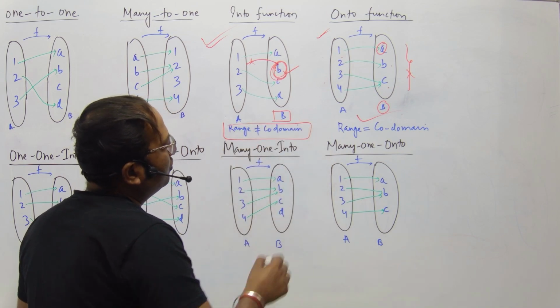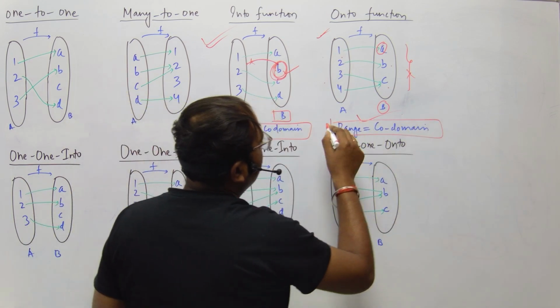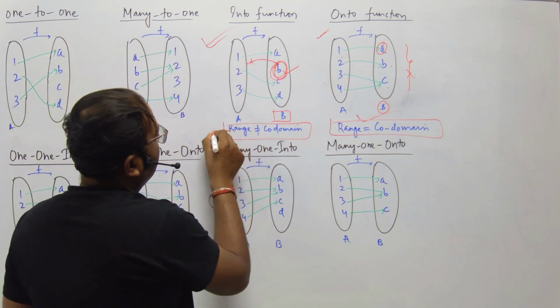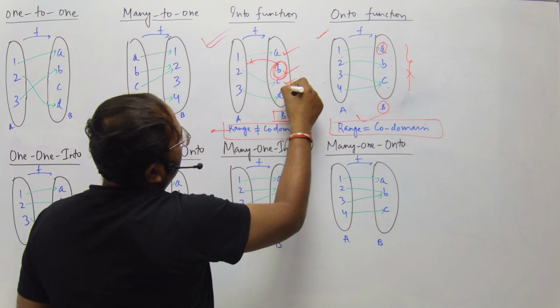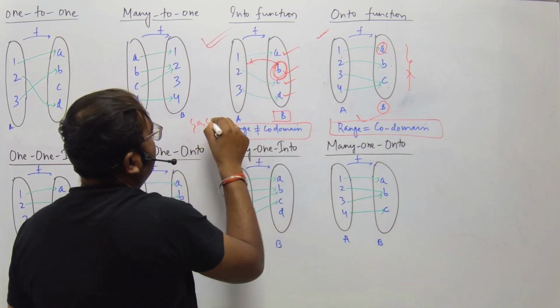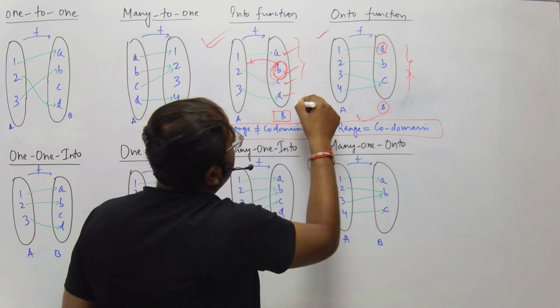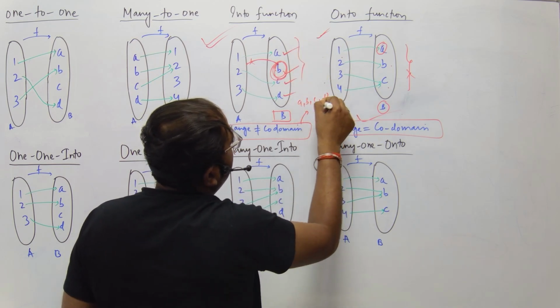But in case of onto function, range is equal to codomain. Let us take this example. Here the range is A, C and D, but the codomain is A, B, C and D.